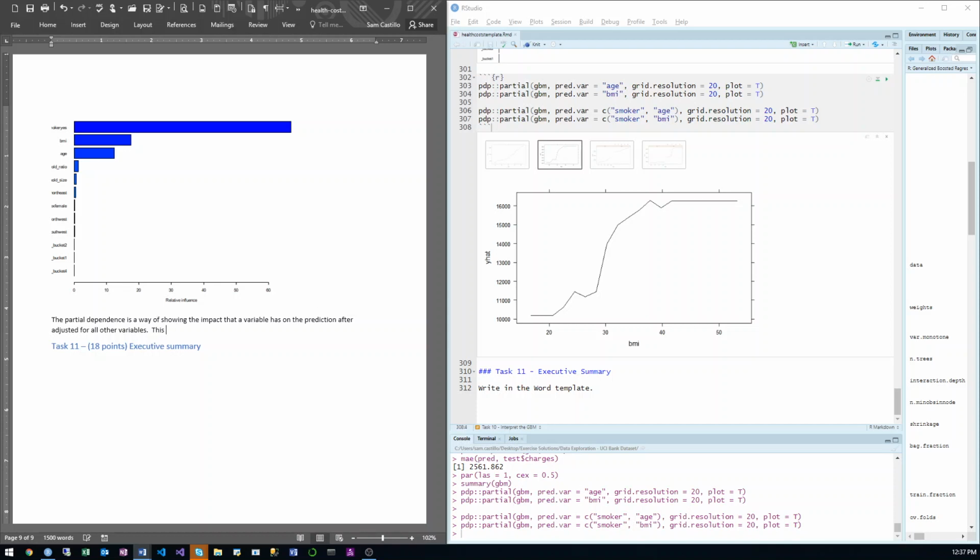This is done by considering the average for age.